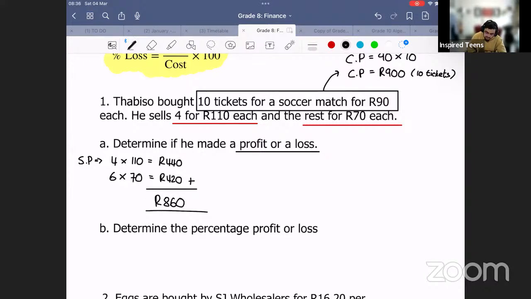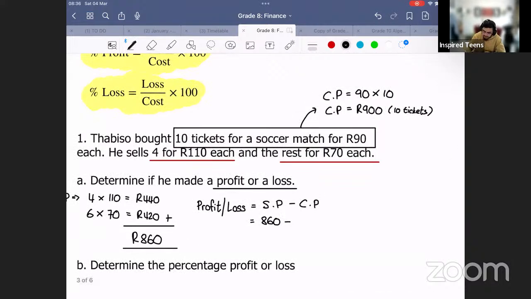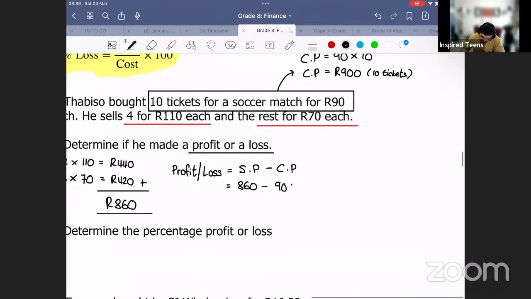For all 10 tickets. So remember, profit or loss is equal to selling price minus cost price. So his selling price is 860 rand minus his cost price. Remember, we said he bought them for 90 rand each and he bought 10 of them. Okay, so his cost price is 900 rand.